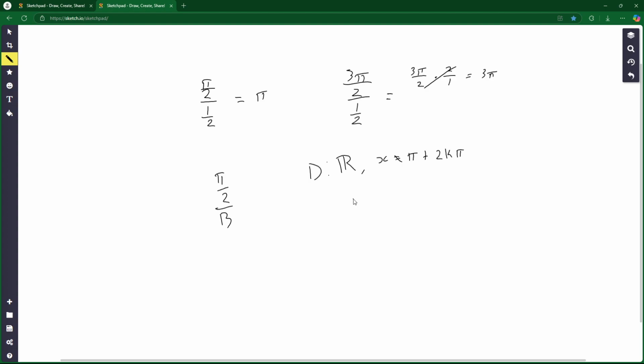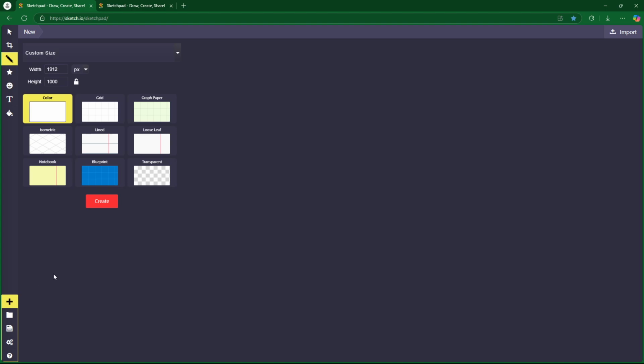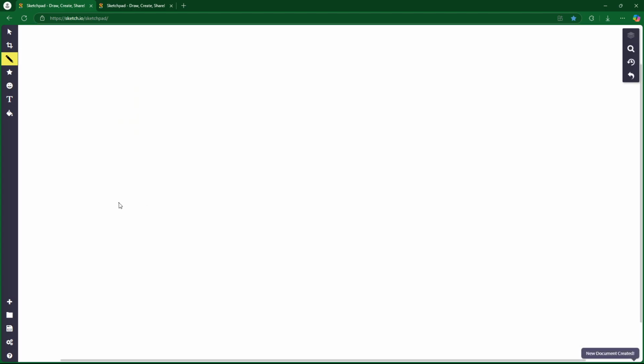I will go ahead and do the next graph as well, just in case that one was a little bit hard to understand because of my stuttering. We are given the equation y is equal to tangent of pi over 4 x plus 2.